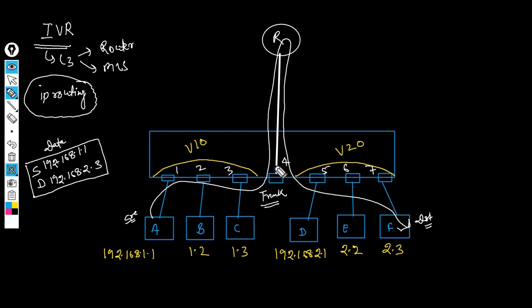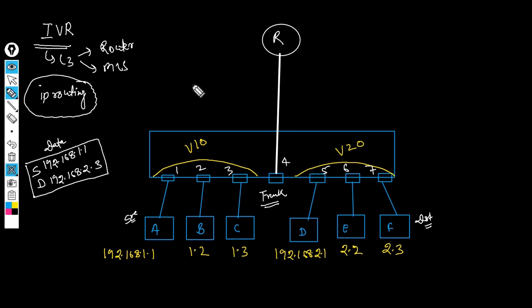This is the normal process. So your port number 4 must be configured as a trunk link, then only will it be able to forward your traffic. That's a very important point. We'll see how exactly you enable the communication using it.